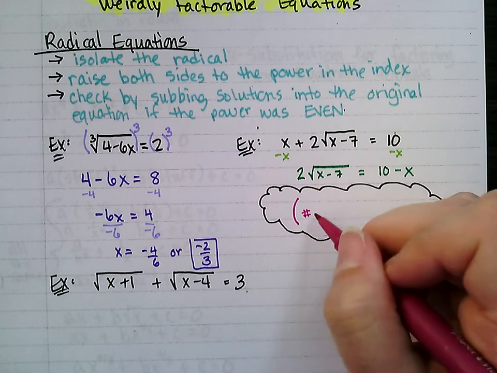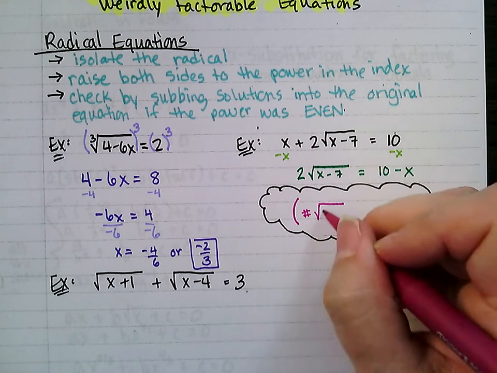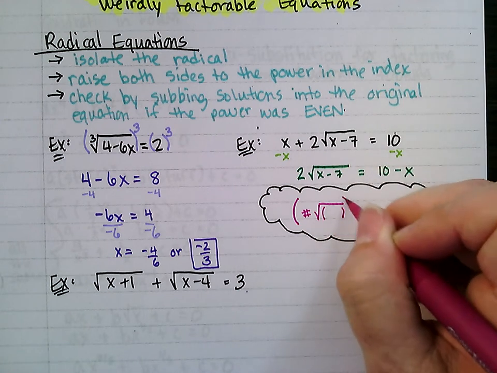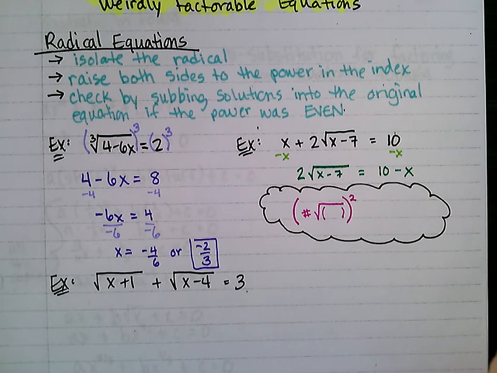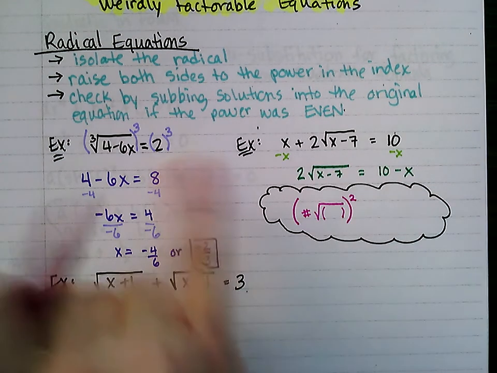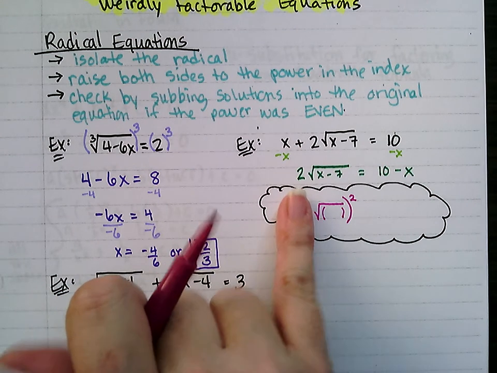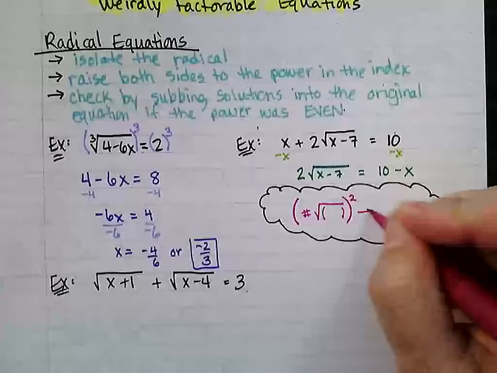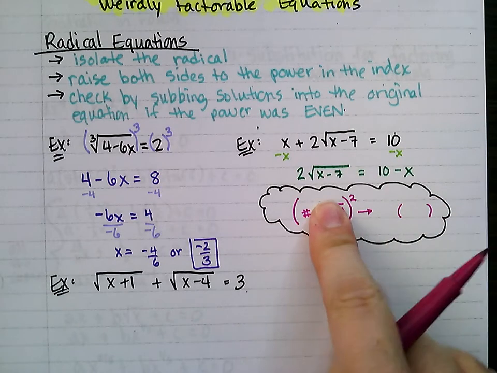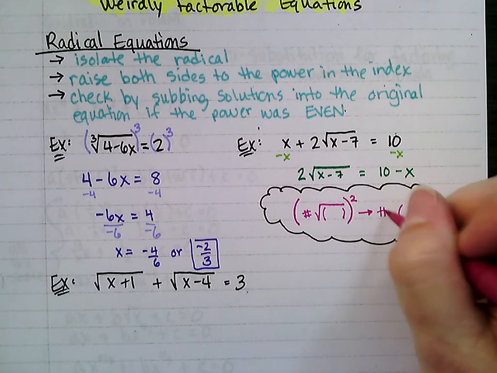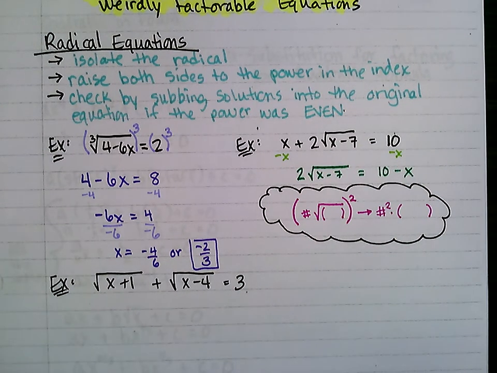If you have a number out in front of your radical and you square it, squaring the radical is going to get rid of the radical, so it just leaves the parenthesis. But then we also have to square the number, so we'll end up with the number squared times the radicand.